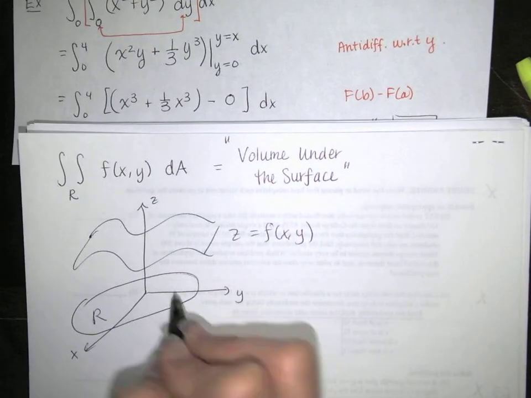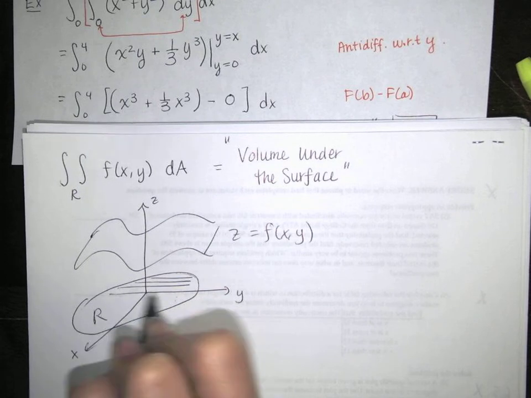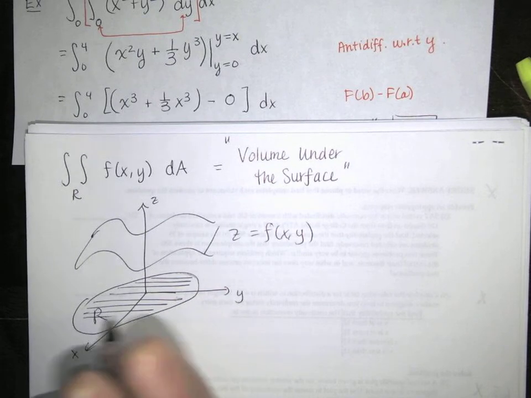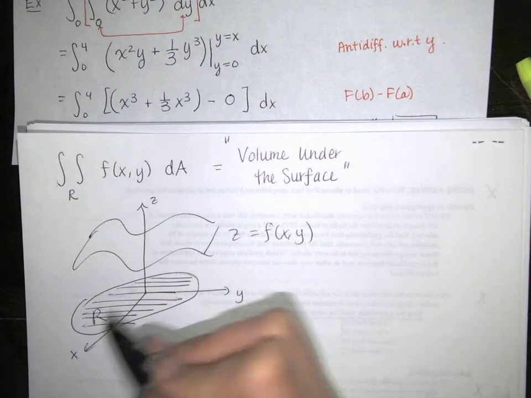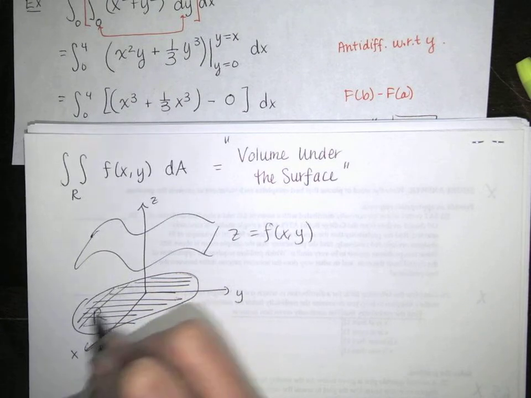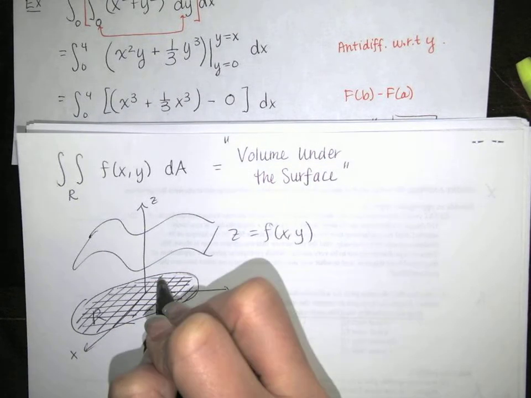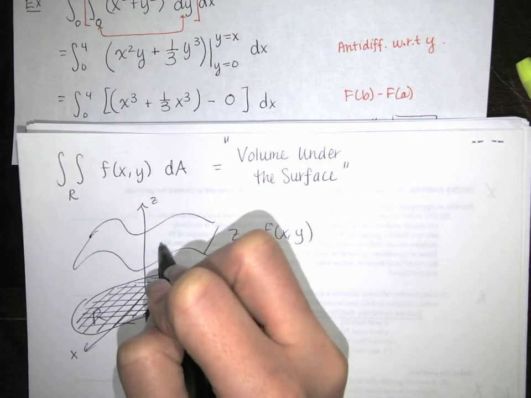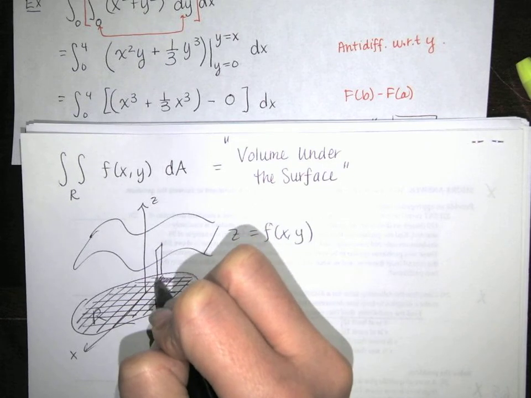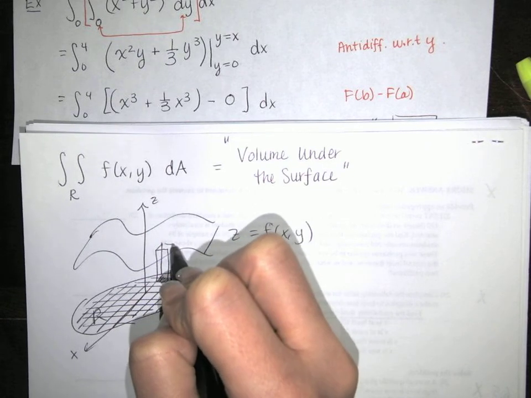And if you're wondering how we do that, well, we'll see later. We're going to subdivide the x direction into n subdivisions. We'll subdivide the y direction into m subdivisions. And then we're going to put a little rectangle here and a little rectangular prism on top of that.